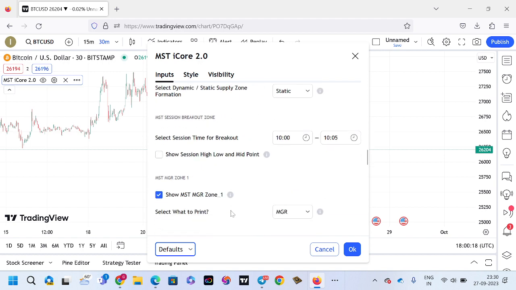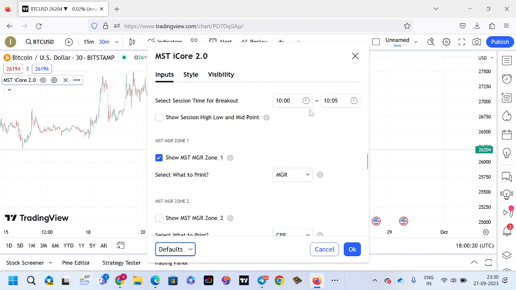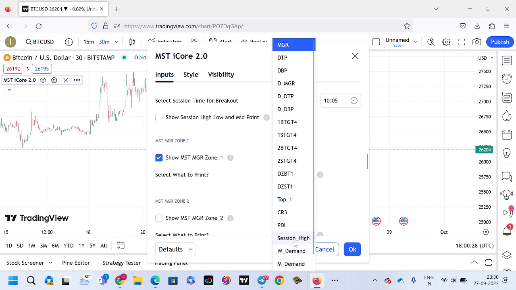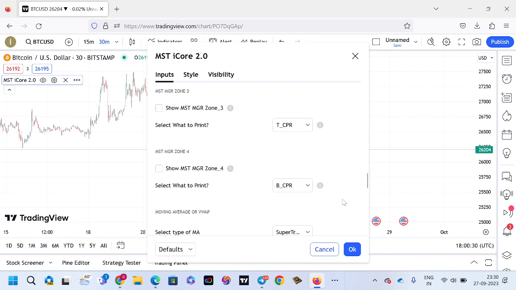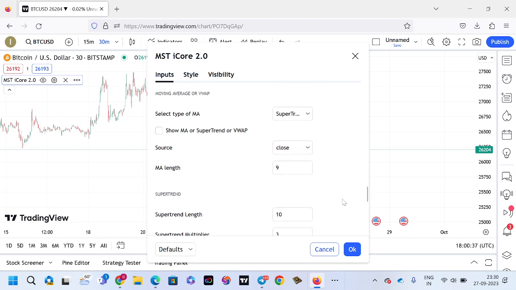Next method I have, you can use session breakout. If you know any particular market opening time, you can use that particular session, and you can use session high, session low. All these I have given here. So maximum features a trader wants from the trading market, I have added everything here.